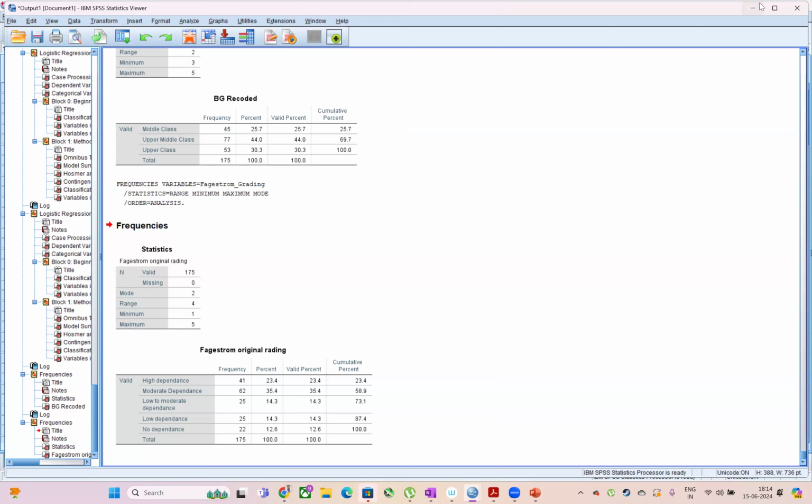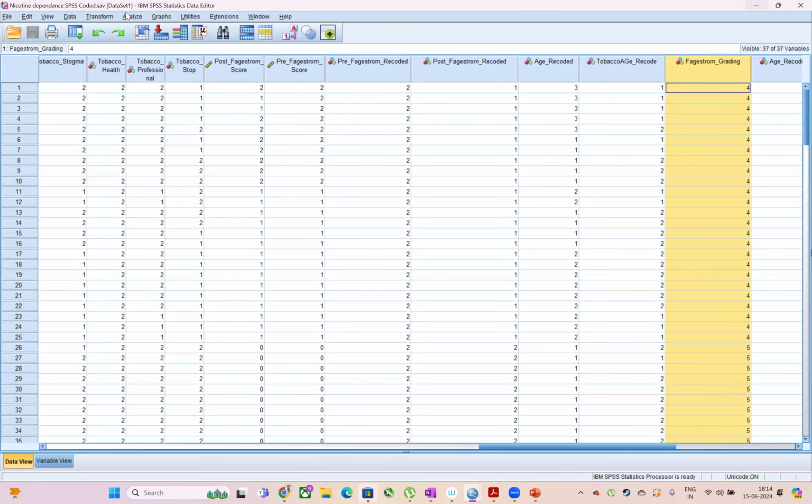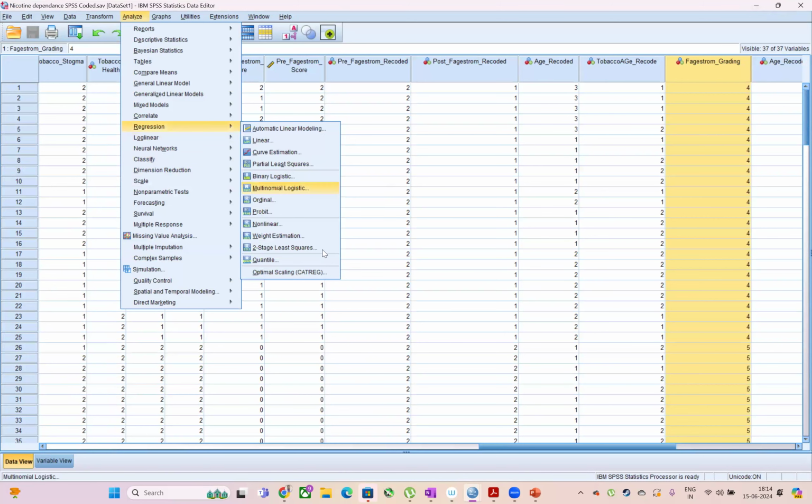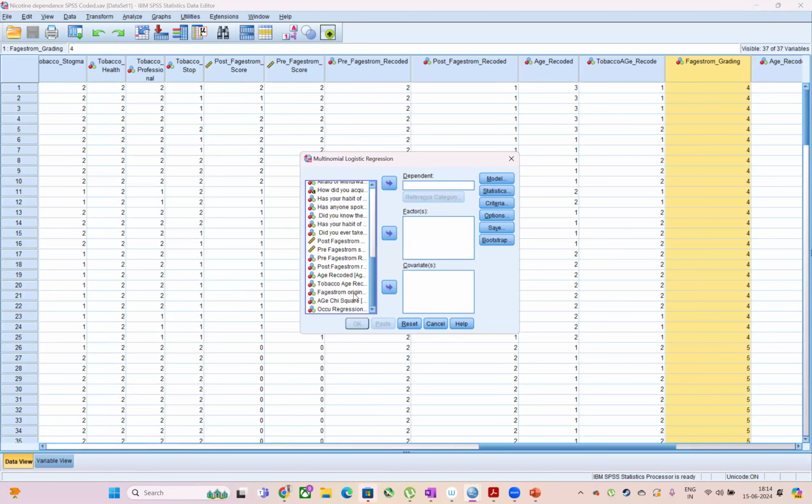As Dr. Kavin Kumar sir pointed out, you have to do multinomial regression when your dependent variable is qualitative and has more than 2 categories. So here you have the Fagerstrom original grading, and the reference category is by default set to last.